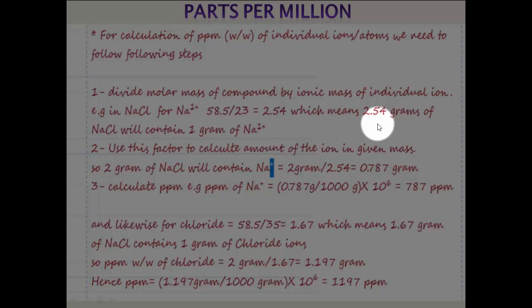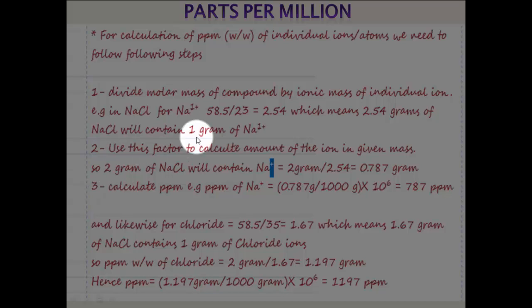This number will be utilized to calculate the quantity of sodium there in the given quantity of the salt. So the second step: 2.54 will be utilized here like this. Use this factor to calculate the amount of the ion in the given mass. The given mass in our numerical problem is 2 grams.